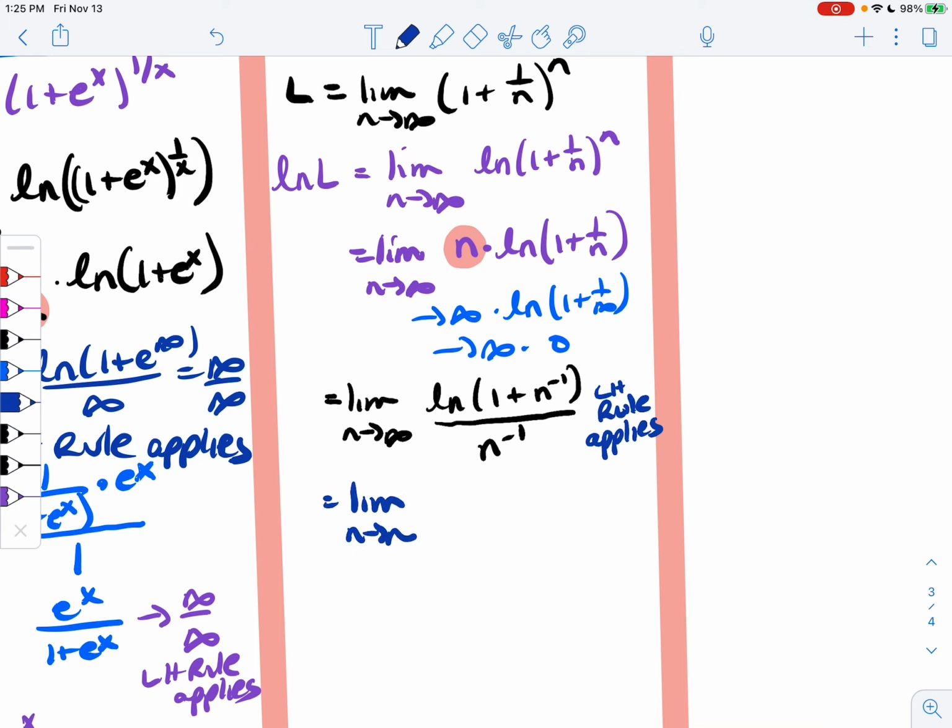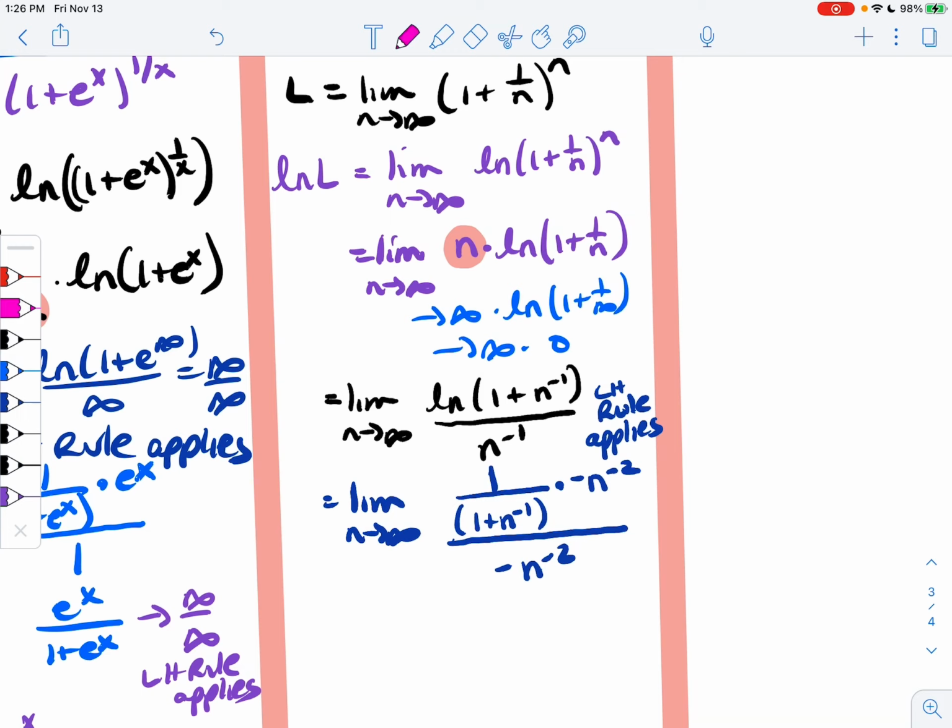And so here I go with that. That's going to be the limit as n goes to infinity, and the derivative of the ln is 1 over x, but this is the chain rule, so it's 1 over 1 plus 1 over n evaluated at the inside, but then times the derivative of the inside. And the derivative of the inside is 0 plus negative 1 times n to the minus 2. And then the derivative of n to the minus 1 in the denominator is minus n to the minus 2 as well.